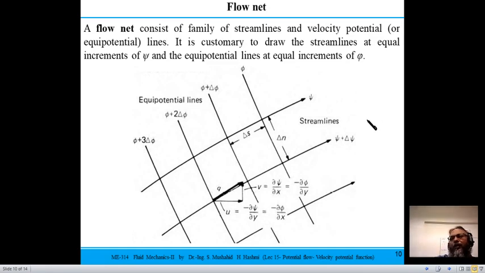It is usually customary that delta s and delta n are made identical. I mean, it is something people always write.